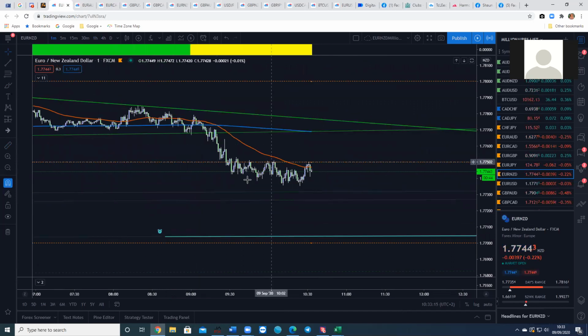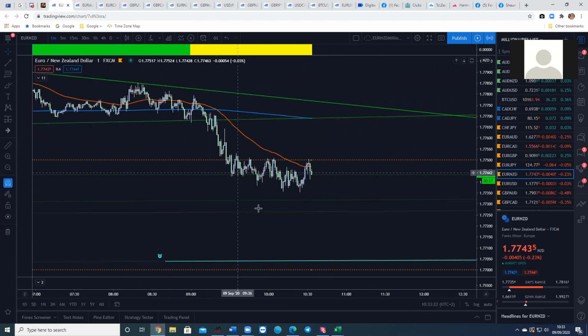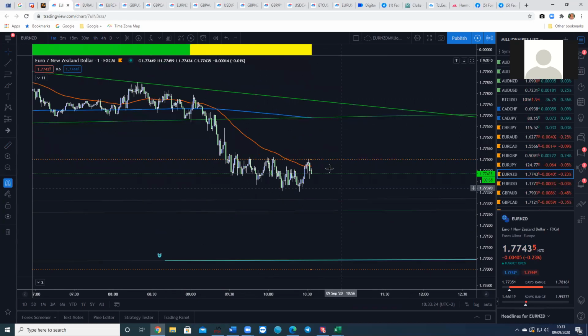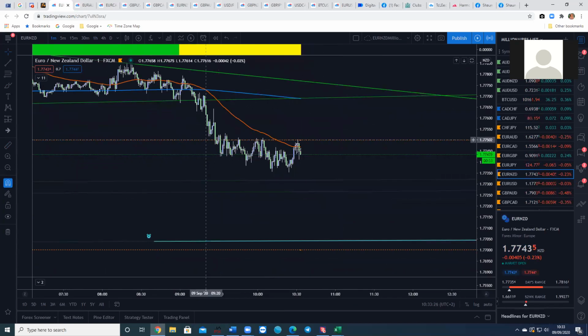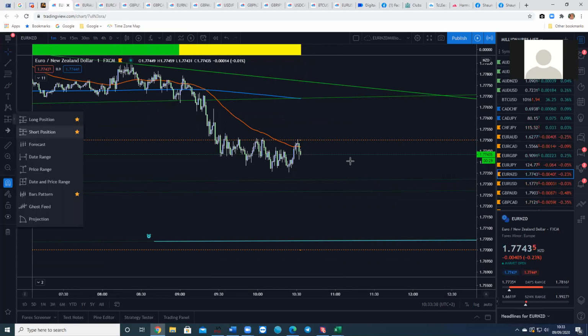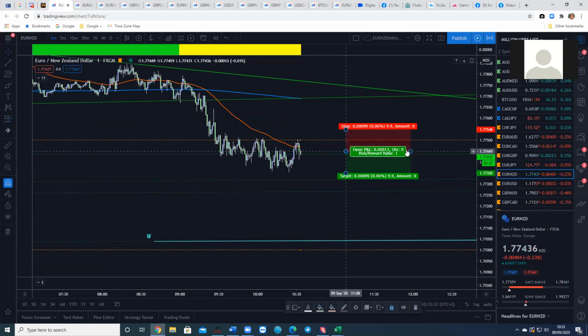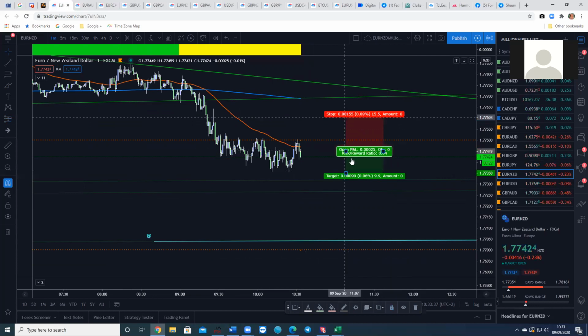Break and retest, you know, it's saying sell me, sell me, sell me, and it's under the 62. So we have got a sell here. I'm just going to take this on demo because it shows you how we analyze our setups.